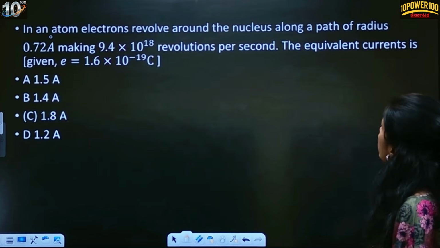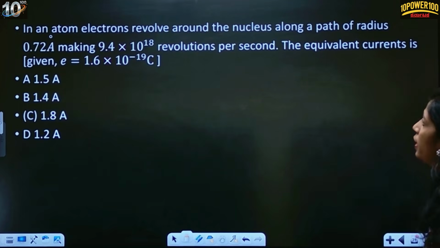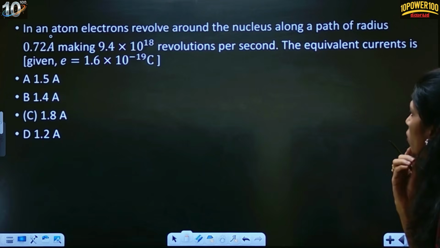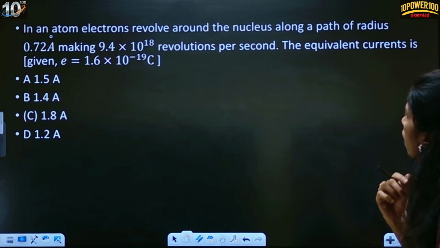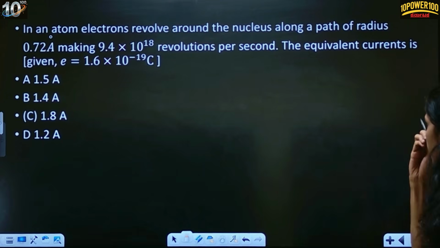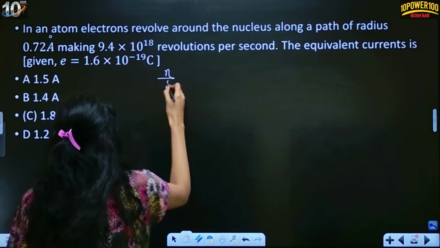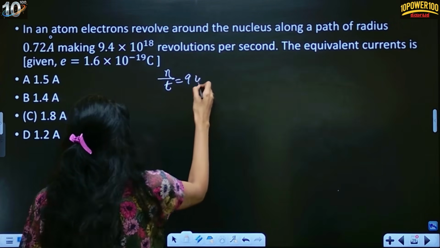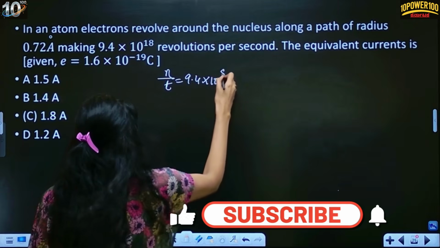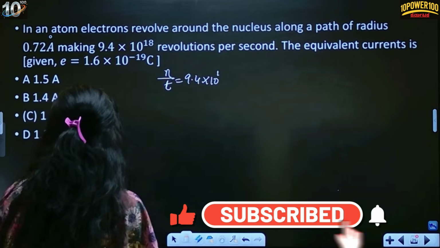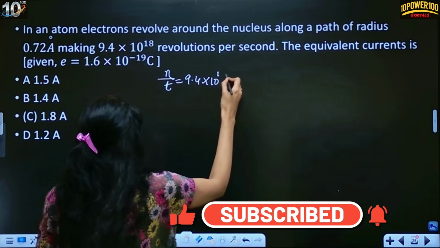Fine. In an electron, the equivalent current is given here along the path of radius making 9.4 into 10 power 18 revolutions per second. So here they have given N by T as 9.4 into 10 power 18. They're asking us to find the current, guys.